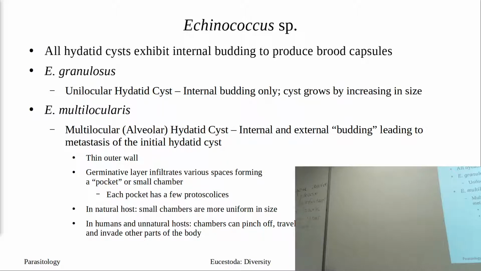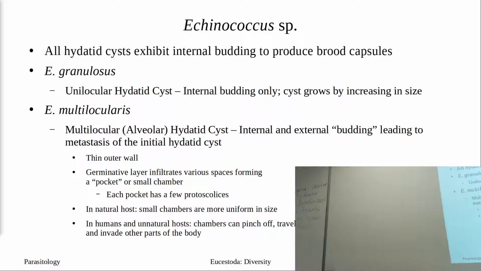It fills in the spaces. And when it does that, if there's a pocket, it spreads in there, and then it can form its own pocket that pinches off and metastasizes and potentially spreads to other parts of the body.